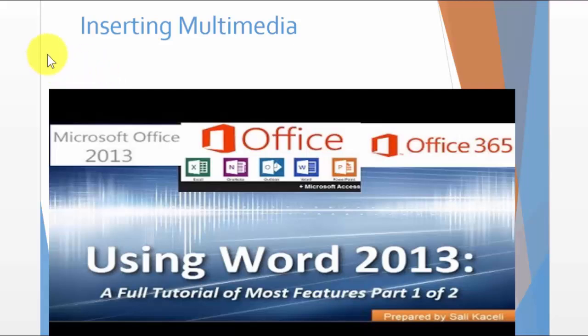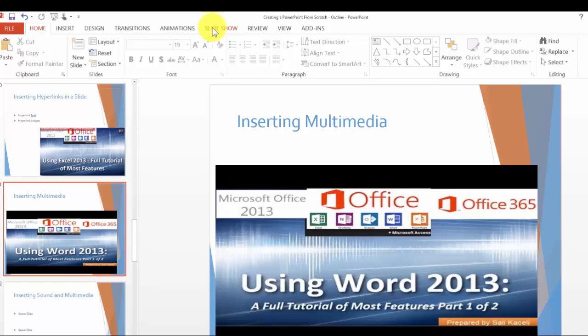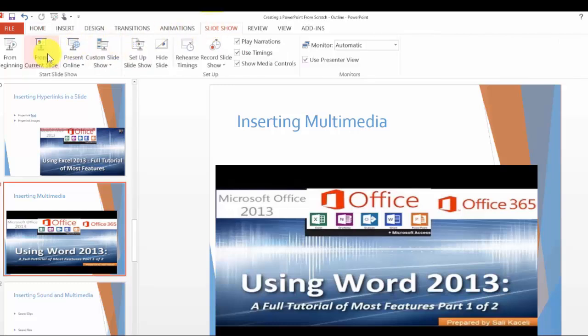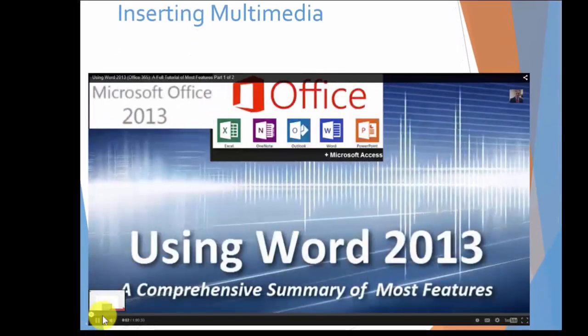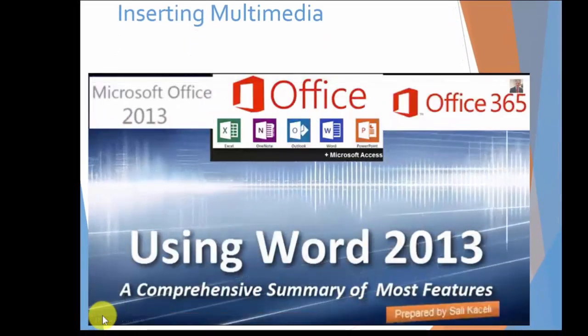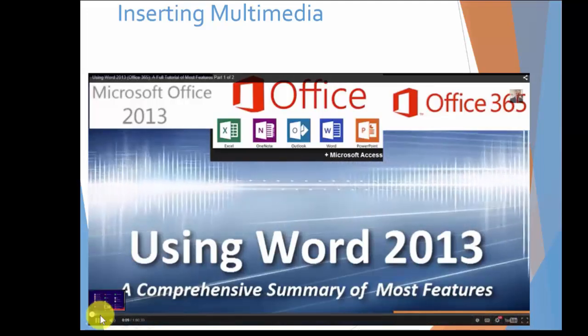So in this case, let's go ahead into presentation mode to present it. Click on slideshow, choose from current slide or Shift F5, and then notice it has the play button at this point. To present it, you just click and it will start playing the embedded video into your slideshow.